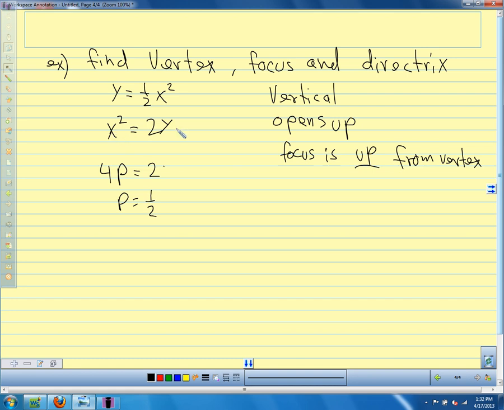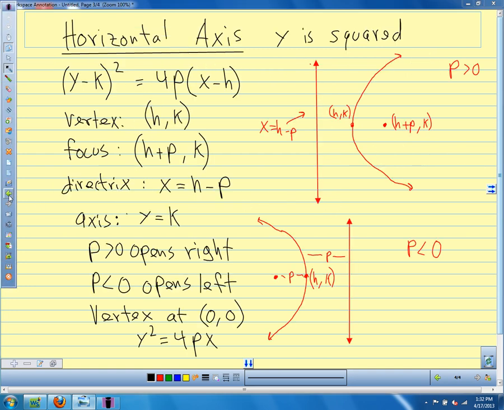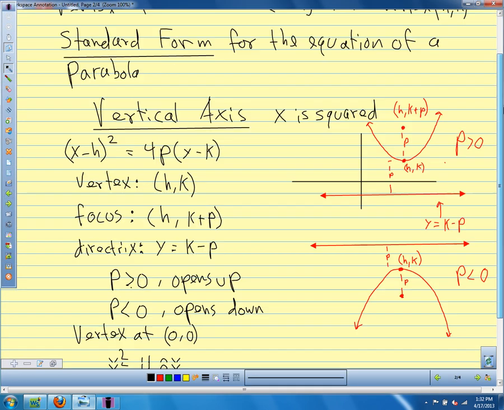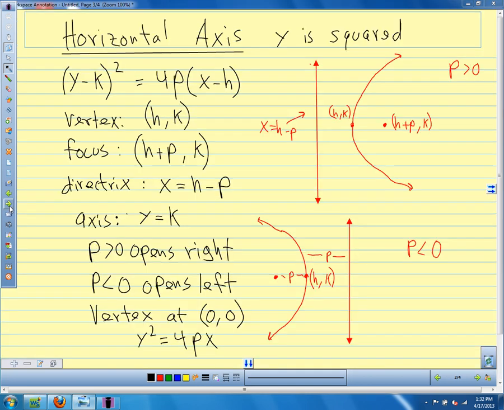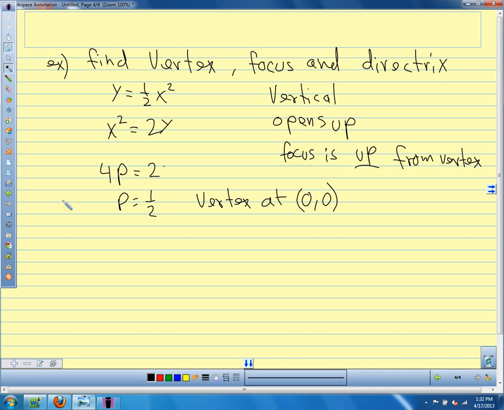So our vertex is at 0, 0. And if we look back at our standard form, if our vertex is at 0, 0, our equation is going to look like this: x squared equals 4p times y. There's nothing added anywhere here. So our vertex is at 0, 0.